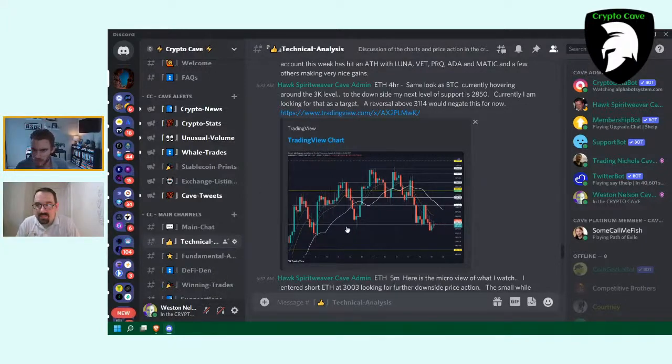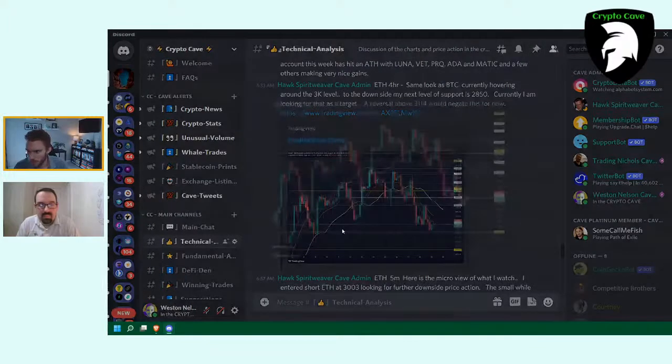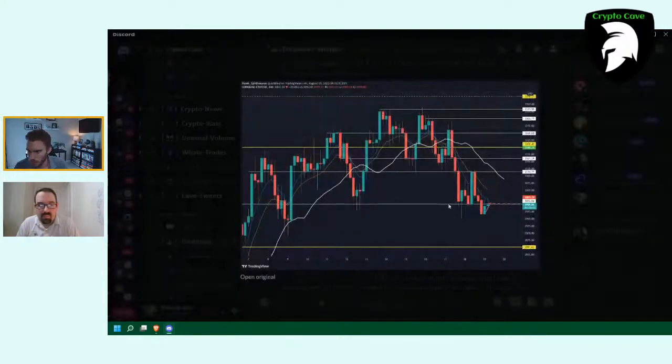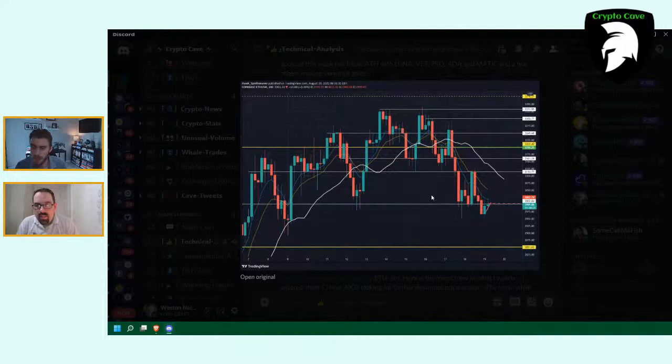So we'll start here. If you see his comments, he's talking ETH 4 hours, same as Bitcoin. And the way he sets it up, these are his points of support and resistance. He basically plots these out. His white lines are major points of support and resistance.